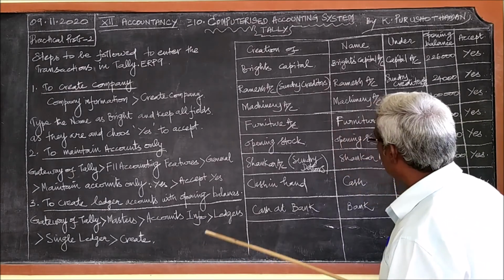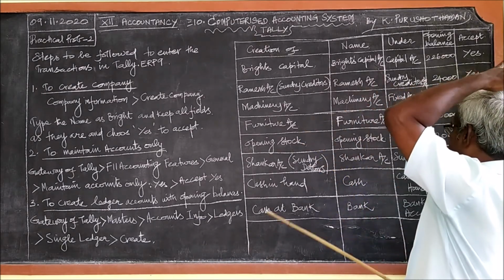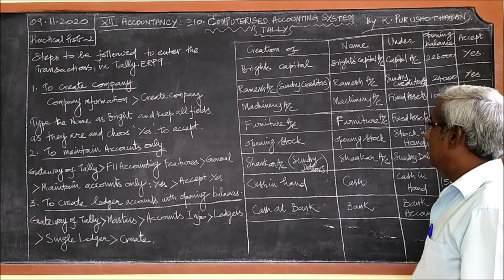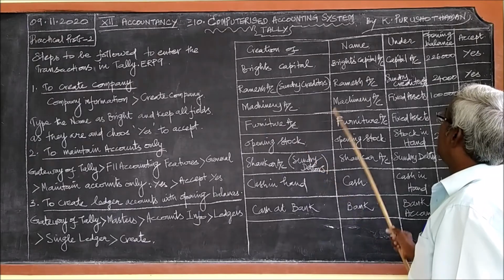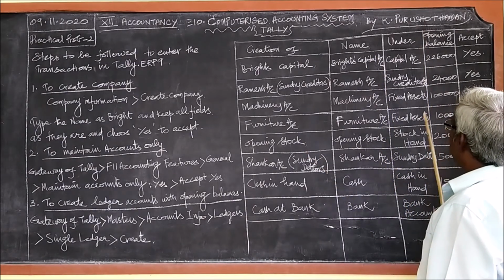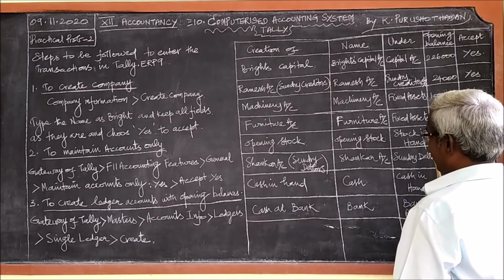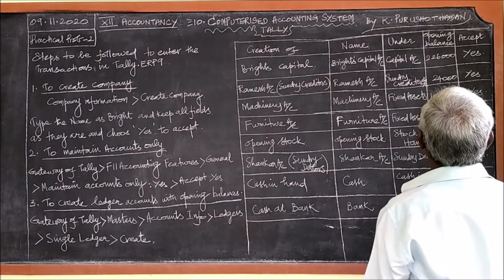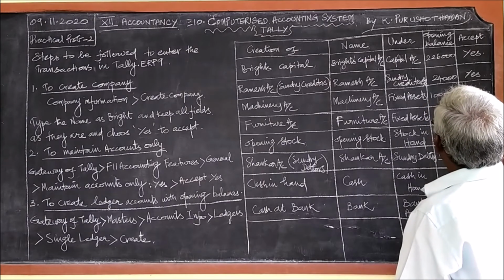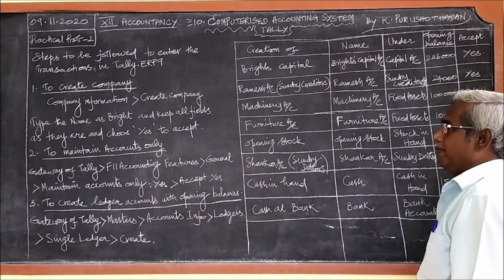We have come to the conclusion it is opening stock because this stock is given at the beginning of the year in the balance sheet. So the name of the account is opening stock, and it should be written under stock in hand. The value is 20,000, the process is over, therefore give yes to accept.